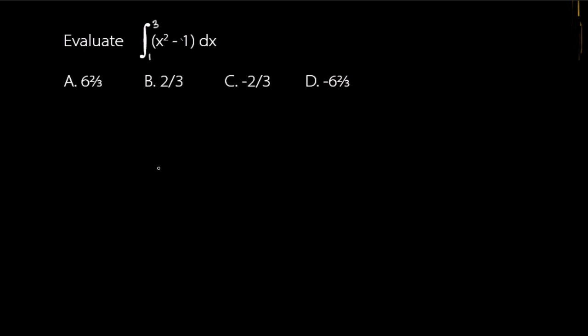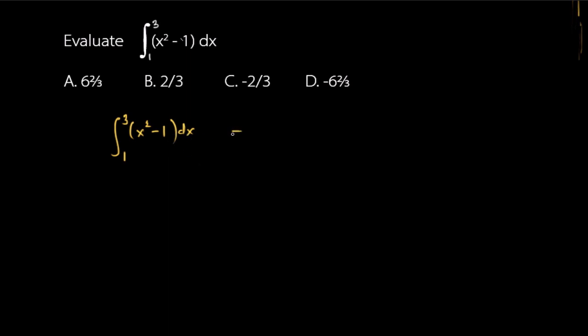To evaluate this, let's go ahead and write down the problem statement. That is the integral from 1 to 3 of x squared minus 1 dx. We want to integrate this with respect to x.